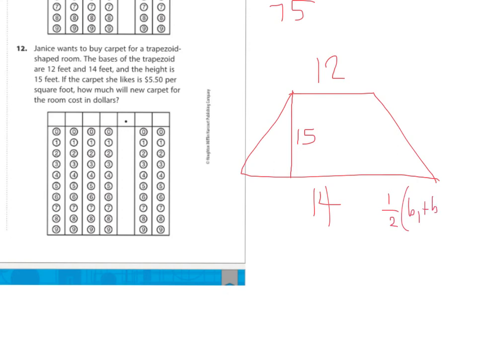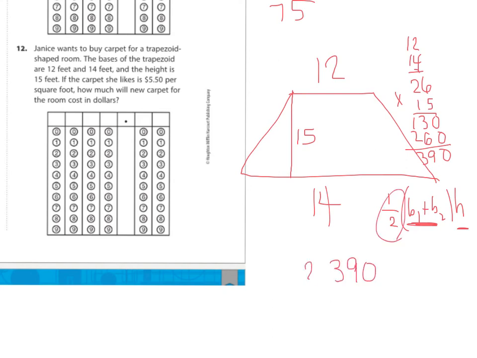Base 1 plus base 2 times the height. So let's add the top and bottom together. 12 plus 14 is 26. Okay, and then we're going to take that times the height. So 26 times 15. 390, and then we need half of that. So 390 divided by 2.